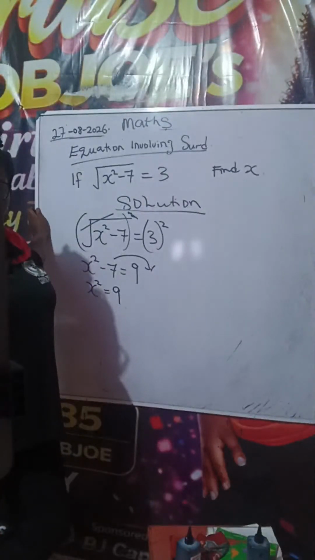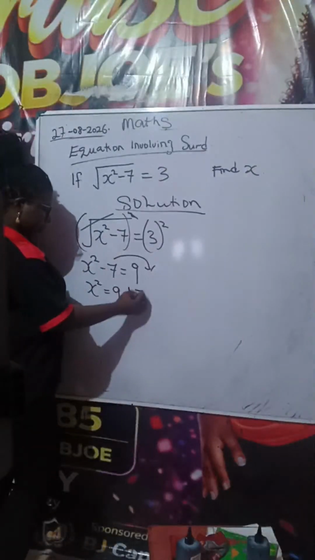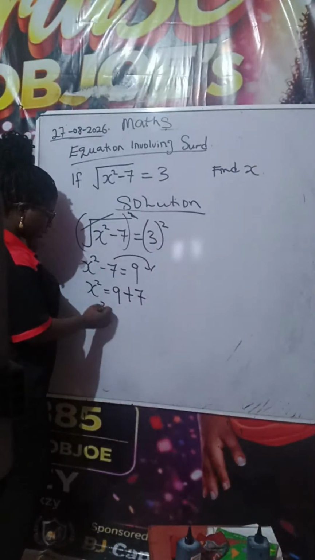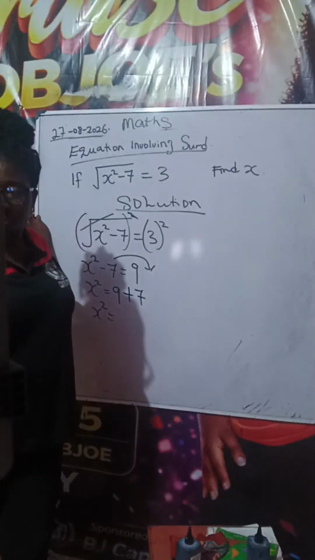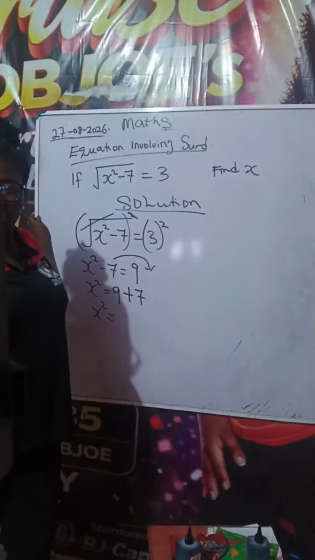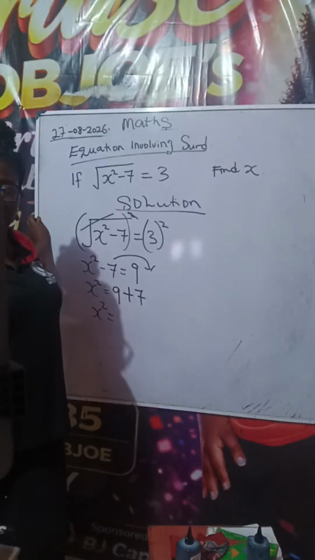So it's going to be plus 7. So we have s squared equals 9 plus 7. What do we have? So 9 plus 7 will give us 16.